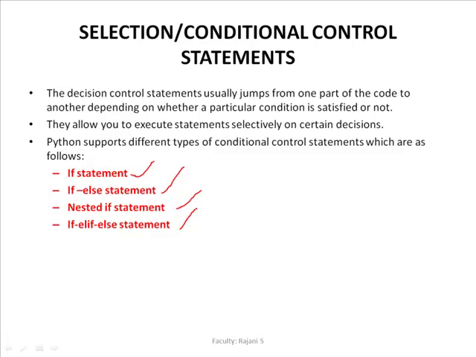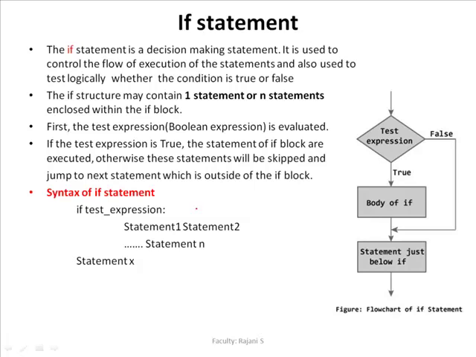So the first one is the if statement. The if statement is one of the most commonly used conditional statements in most programming languages, and it decides whether certain statements need to be executed or not. Here, the if condition evaluates a boolean expression and executes a block of code only when the boolean expression becomes true. So see the syntax of the if statement.